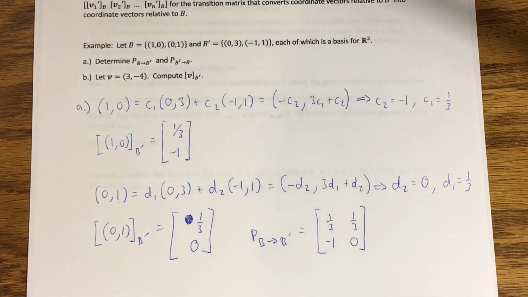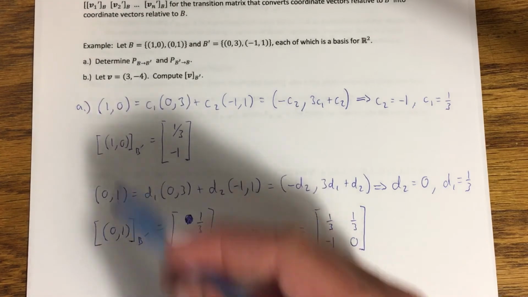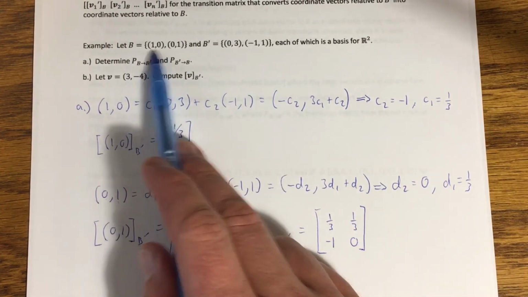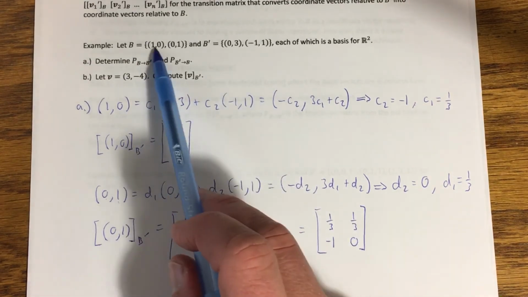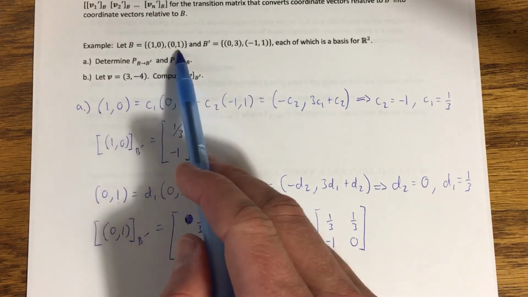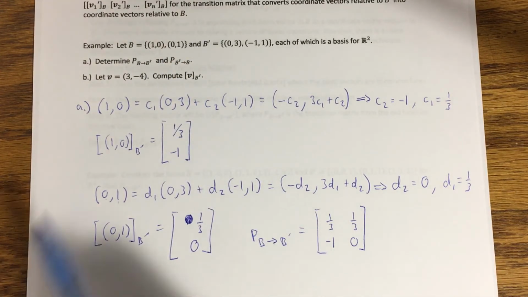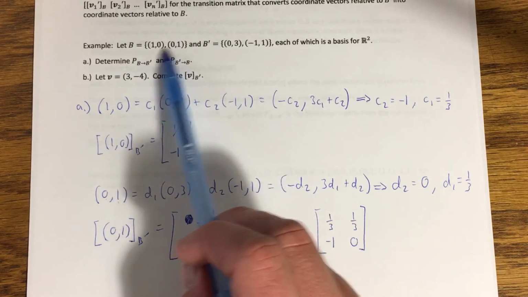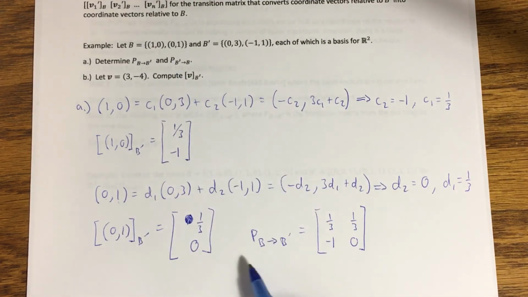Okay? If I wanted to do this in reverse, I would do the same thing, just using this as my old basis and this as my new basis. So I would write 0, 3 as a linear combination of these two vectors. Something interesting happens there. You notice this basis is the standard basis for R2. When we're converting to the standard basis for a vector space like Rn, the transition matrix is actually very, very predictable.